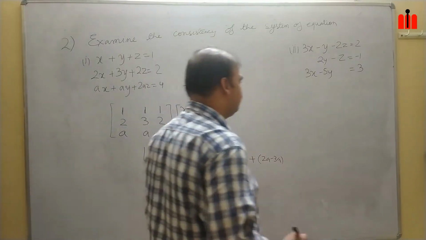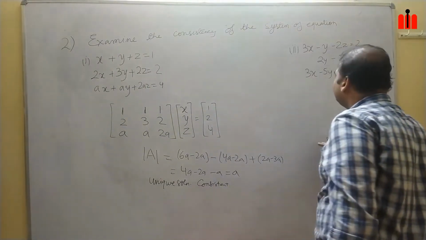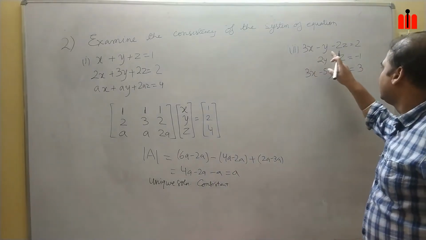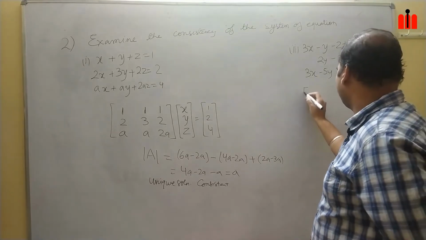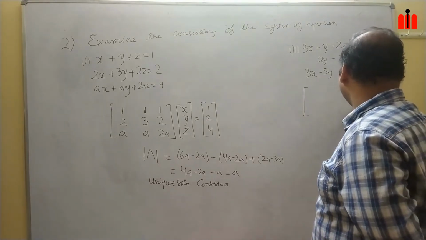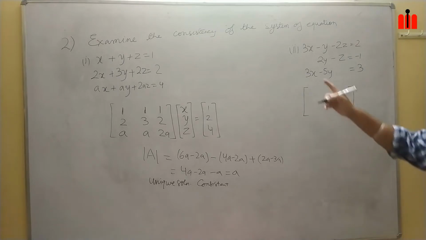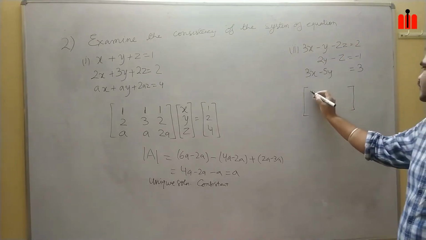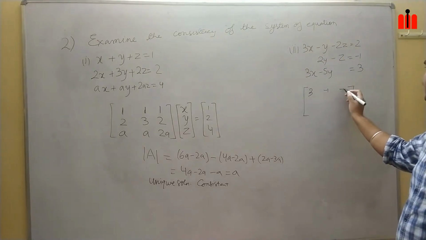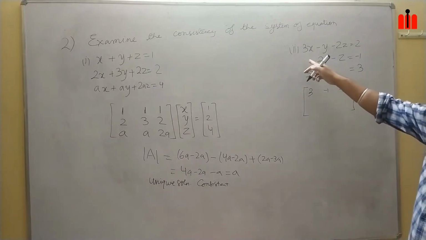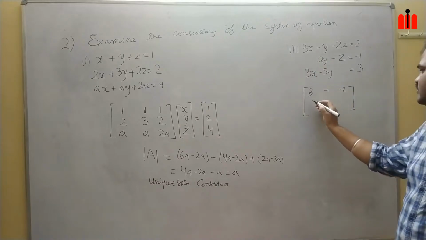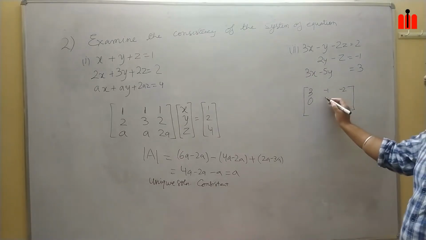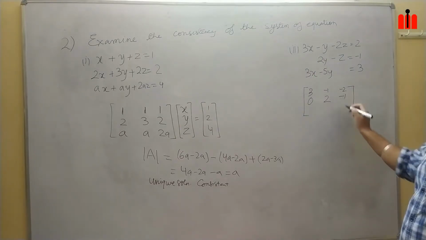Now let's move on to the second part. For this, 3x minus y minus 2z equal to 2. So what will be my A matrix? A matrix will be 3 minus 1 minus 2. Here the x coefficient is 0, that's why the x term is not there. X coefficient is 0, after that 2 and minus 1.